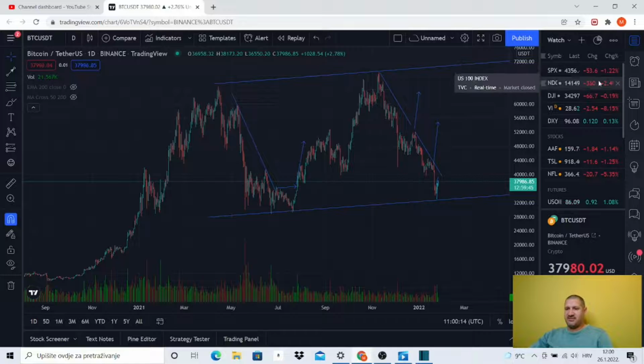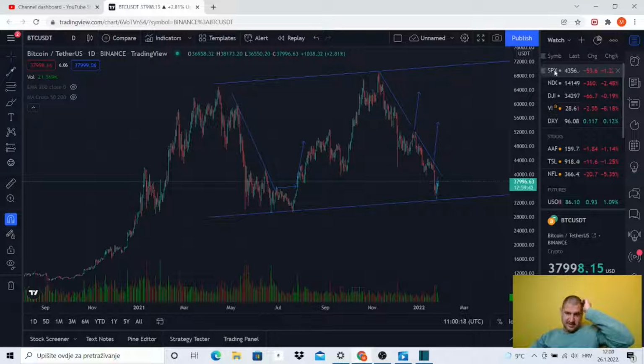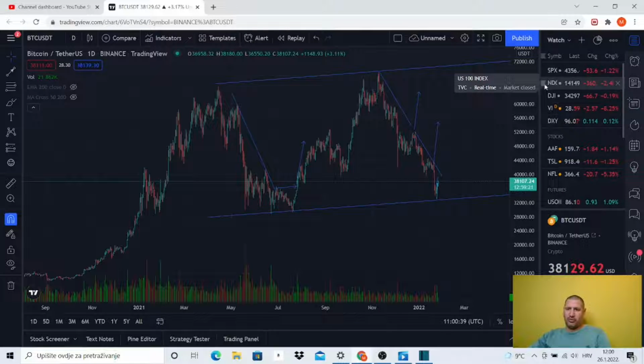Yesterday, briefly, they were in green, and today they are again in the red. What does that mean? That means that they are continuously dropping down, and Bitcoin is also under the pressure of the stock market. We will see how the market will react when it opens up, because as you can see here, because of the time difference, they are still all closed.